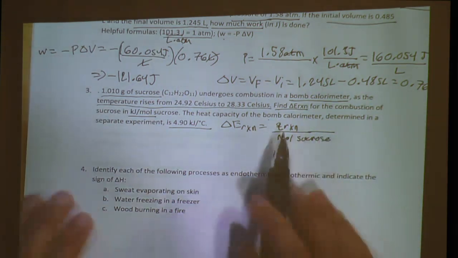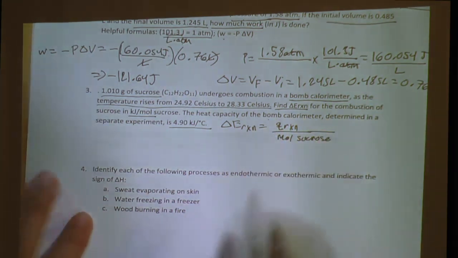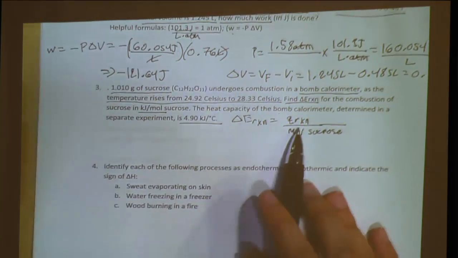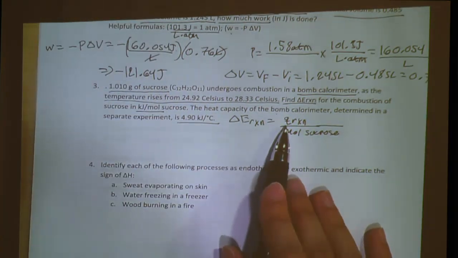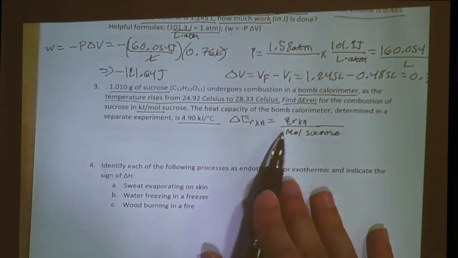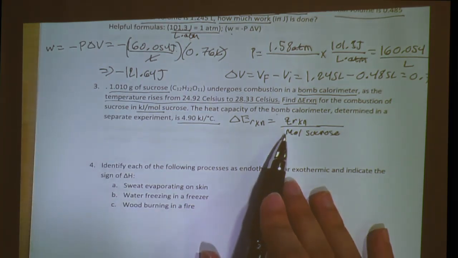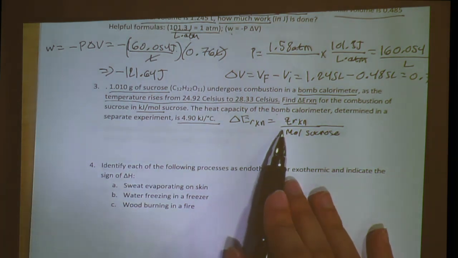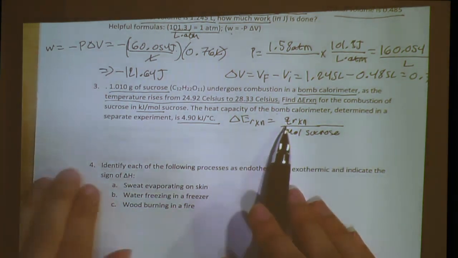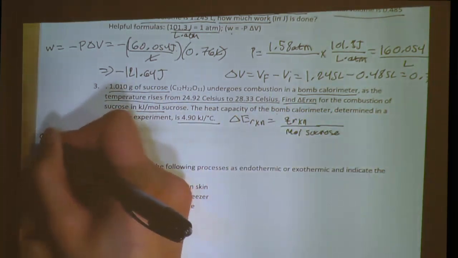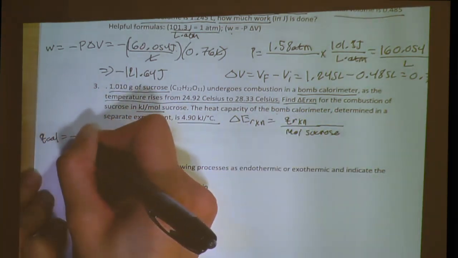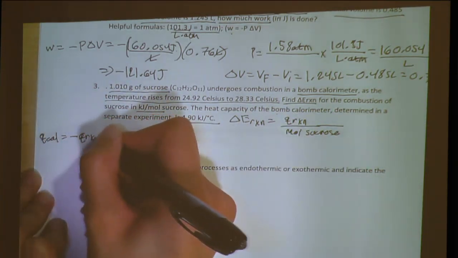But that formula you said would be for Q reaction, right? The tricky thing here is, is our Q going to be positive or is it going to be negative? Oh, that's okay. For Q reaction, we have that it is now equal to negative Q calorimeter.